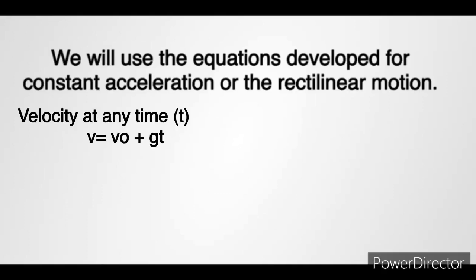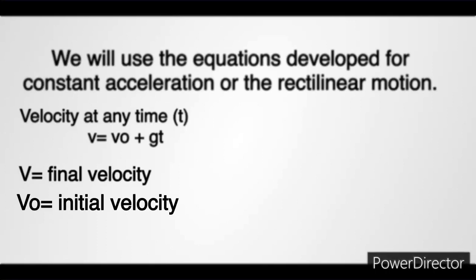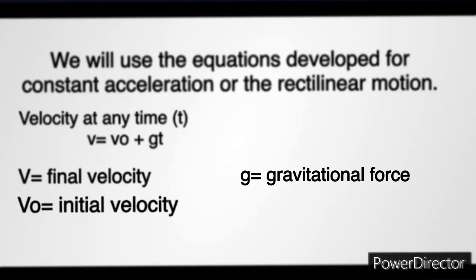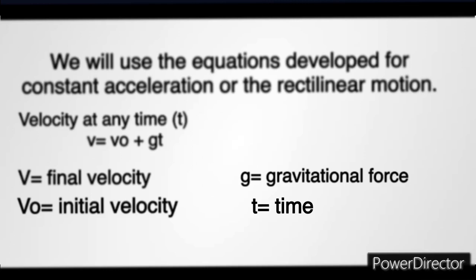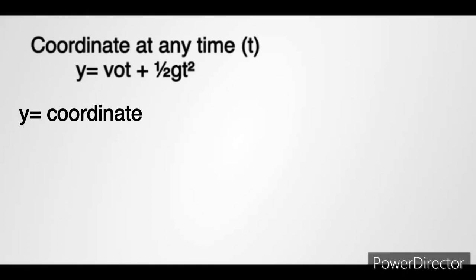For the velocity at any time, v = Vo + gt, where v is the final velocity, Vo is the initial velocity, g is the gravitational acceleration, and t is the time. For the coordinate at any time, y = Vot + 1/2 gt², where y is the coordinate.